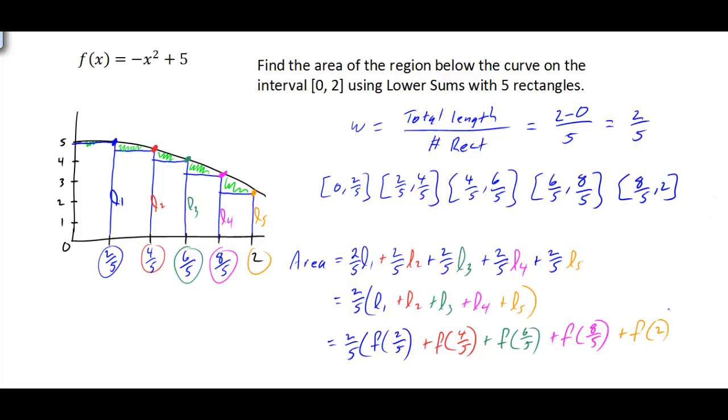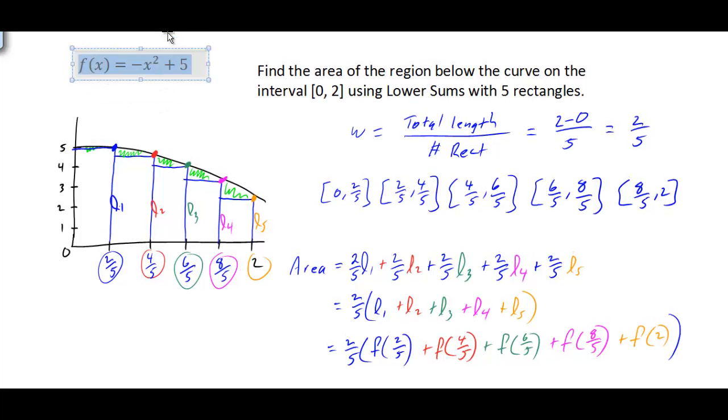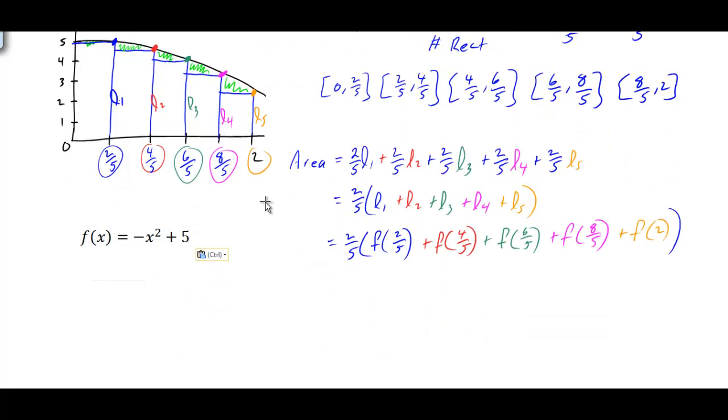So now this is the part we don't want to forget. We want to take each one of these. Of course, this means your function f is evaluated at 2/5. So we're going to plug that into this function here. So if we do that, we would end up with our 2/5 out front, and then f of 2/5.